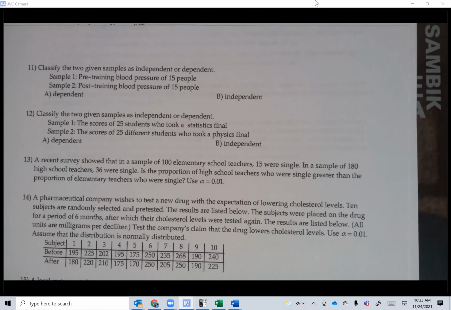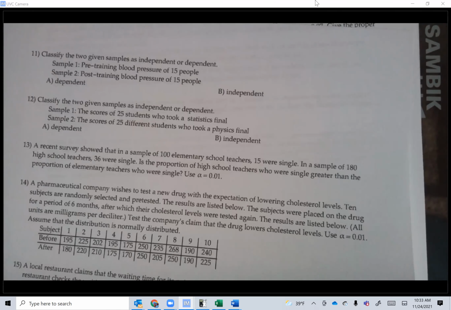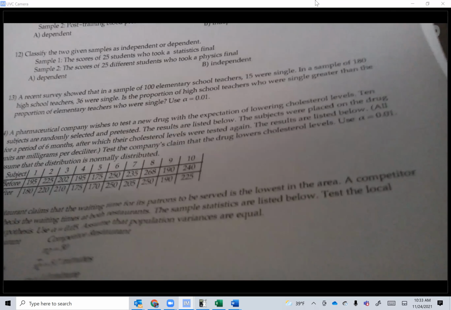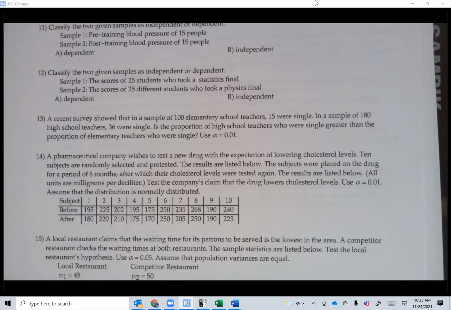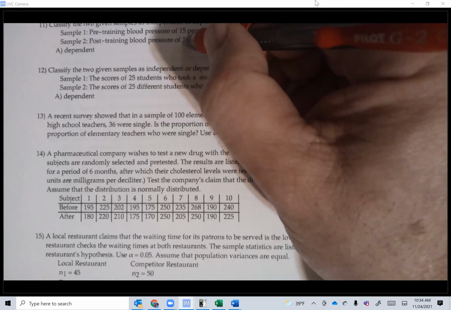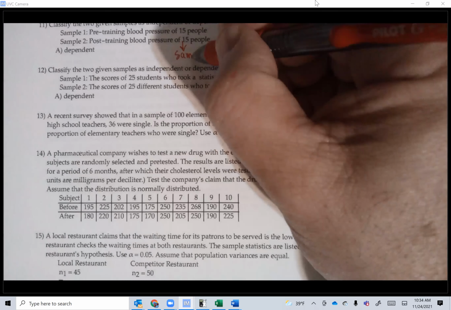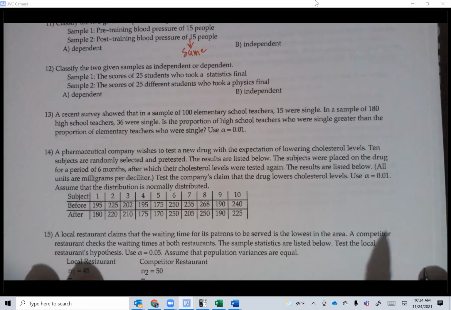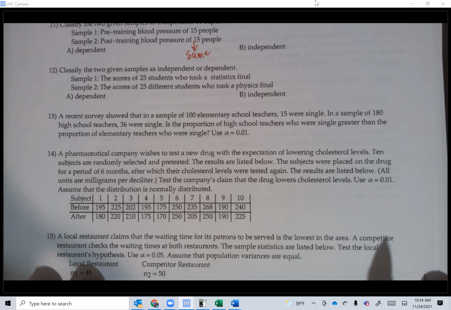If it is the same, it will be dependent, but if they're not the same 15 people, then it will be independent. Let me see what I intended to put. Yeah, so post-training of the same 15 people. If I give you this one on the test, I will put the words "the same 15 people." So then they are dependent, guys, because it's the same person before and after.